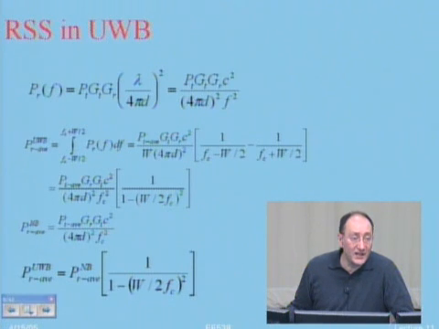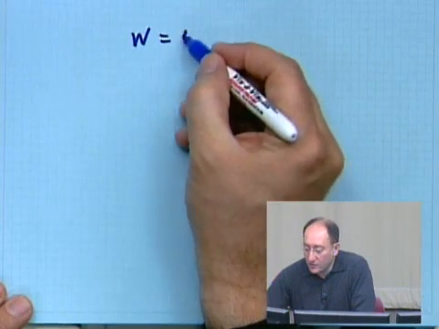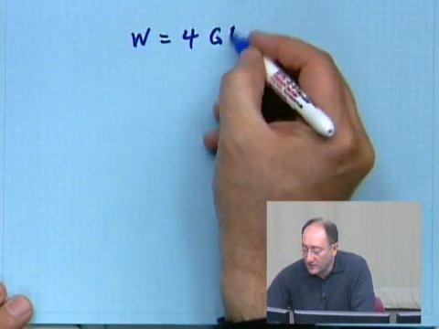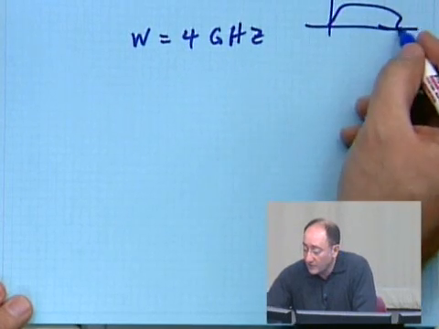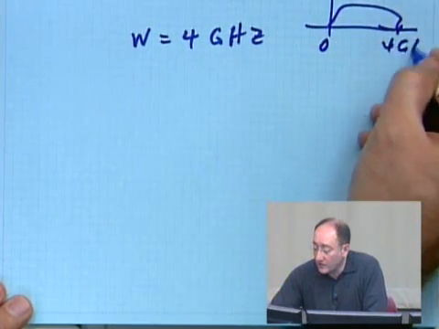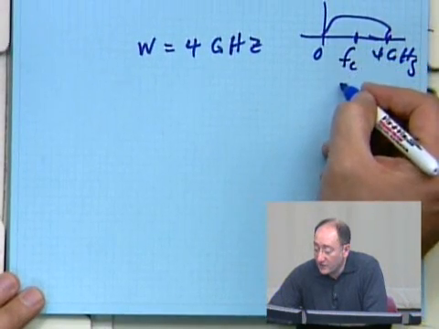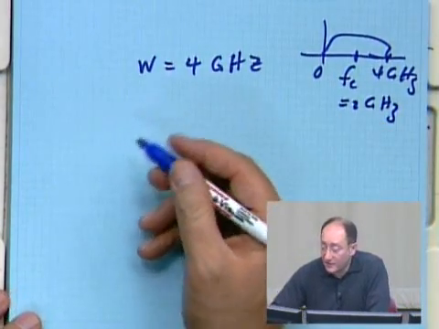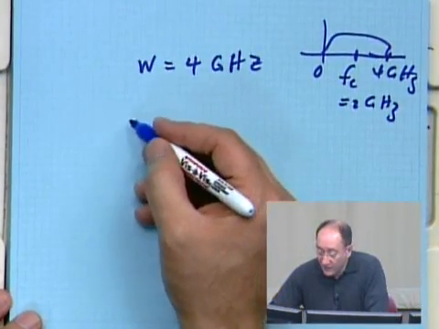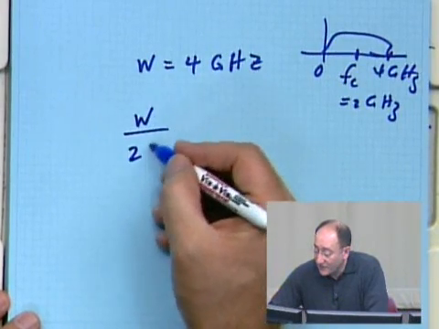Let's assume that W is equal to 4 gigahertz. So my band is from 0 to 4 gigahertz, and then the center, fc, is equal to 2 gigahertz. Let's get the number, see what will happen. The number that I have is W over 2fc.